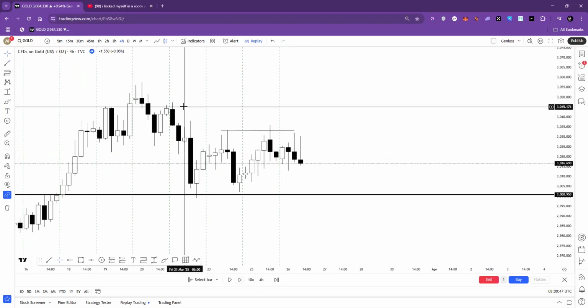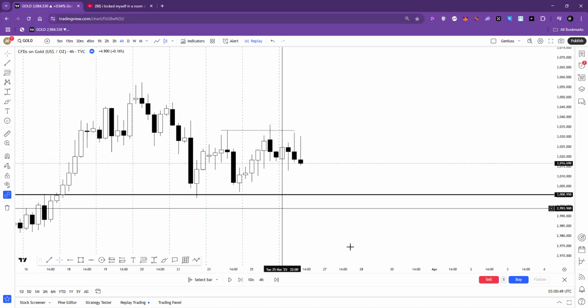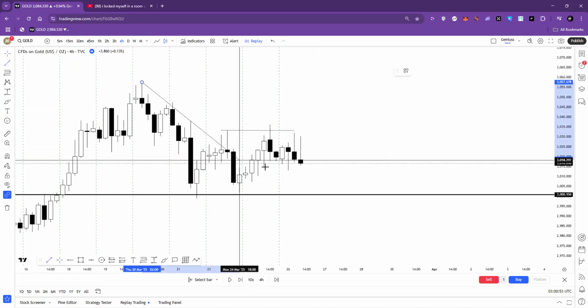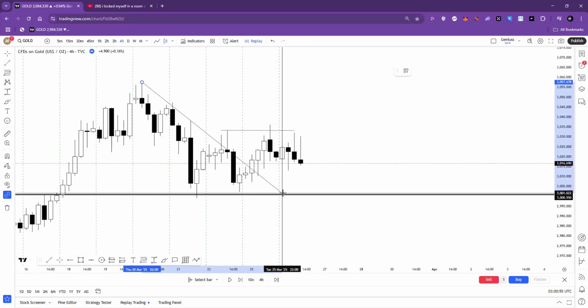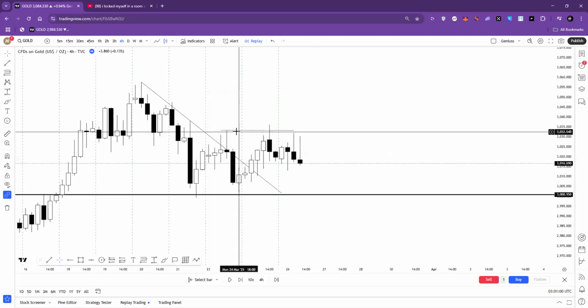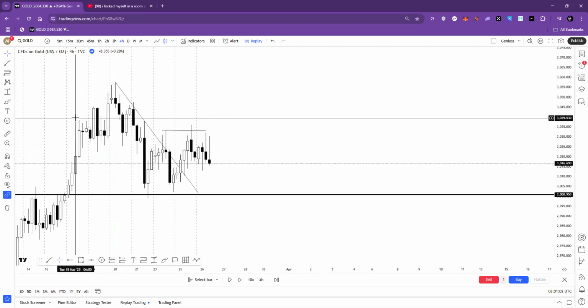But at the same time, I noticed that this trend line, this trend line liquidity, was already broken, and the market was gearing for a long move, for a buy move.